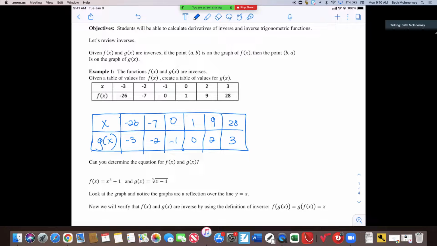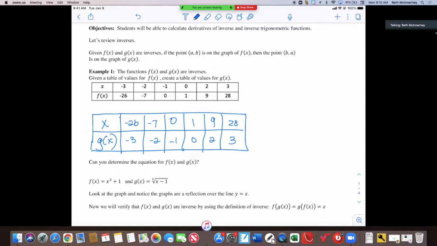I use it more in algebra too. So here's my tool.